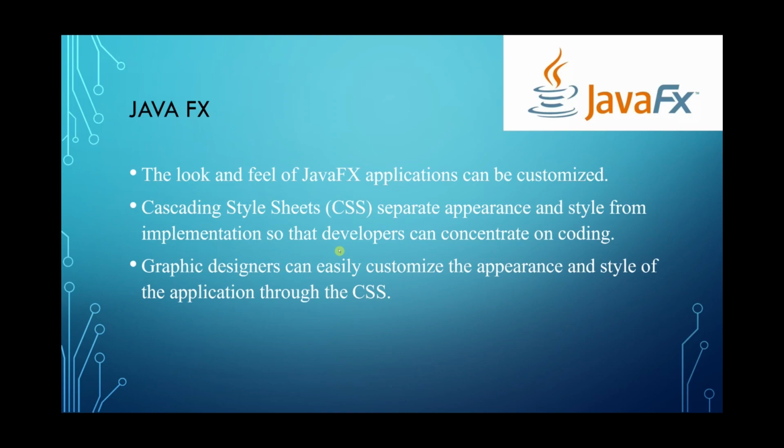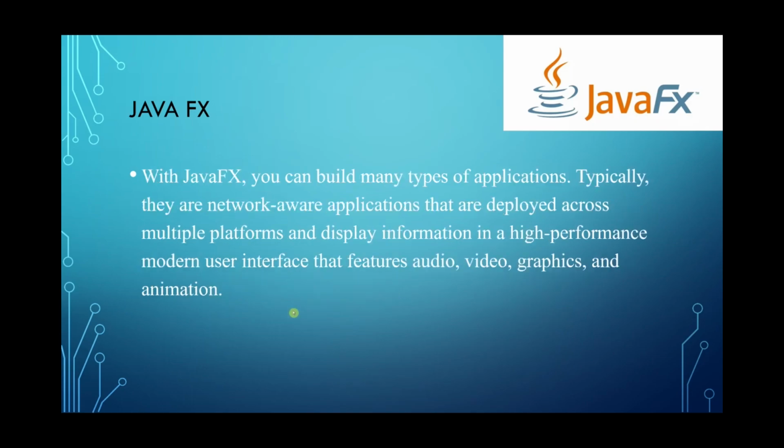So you can have two teams, one working on the front end and one working on the back end, the front end being handled by the CSS and the back end being handled by the actual implementation of your application. So graphic designers can easily customize the appearance and style of the application through the CSS.